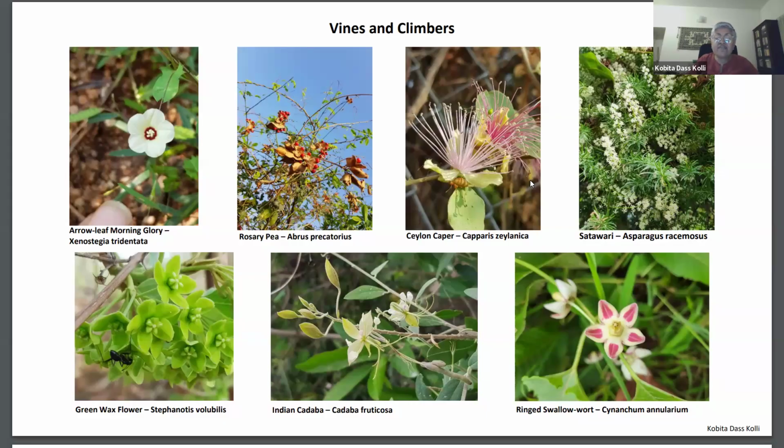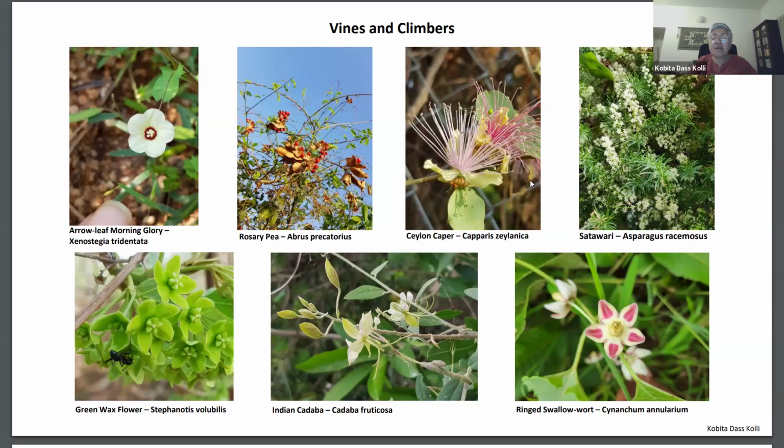Okay, the green wax flower, which is Stephanotis. This again you will most probably not see the leaves or the flowers, but you will see the pods. So look out for the pods. If you see any hanging pods, sometimes the pods have opened and the seeds have been released. Do take a picture of the pods because it's possible to identify the plant from the pods.